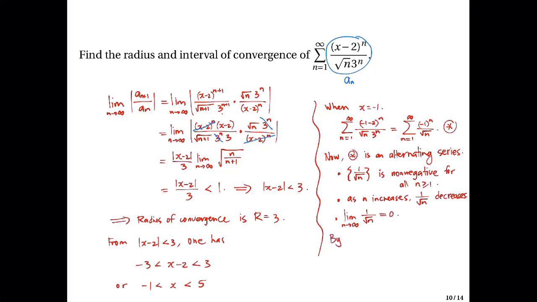Therefore, by the alternating series test, the series negative 1 to the n over square root of n, n from 1 to plus infinity, is convergent. Okay?